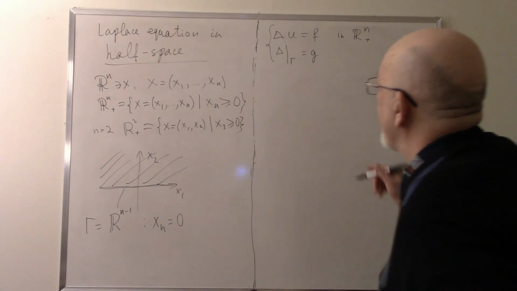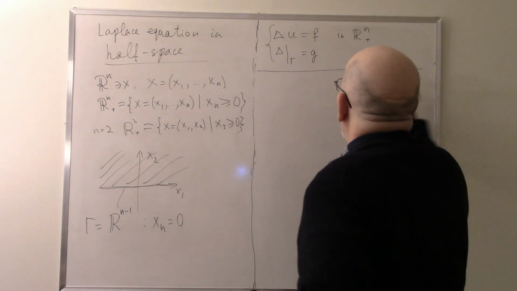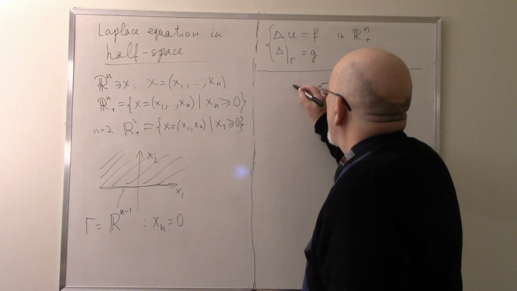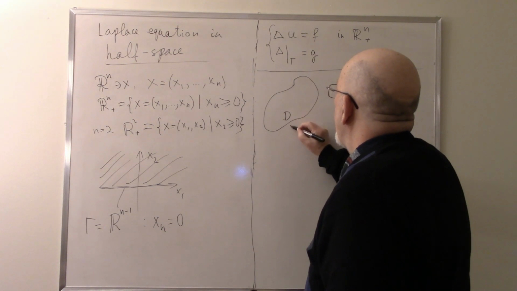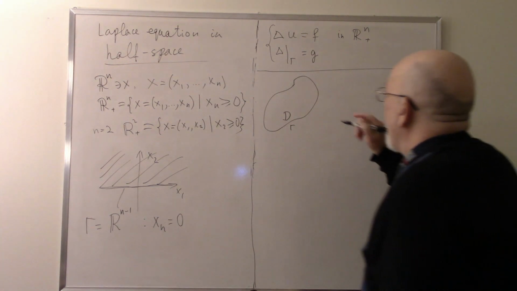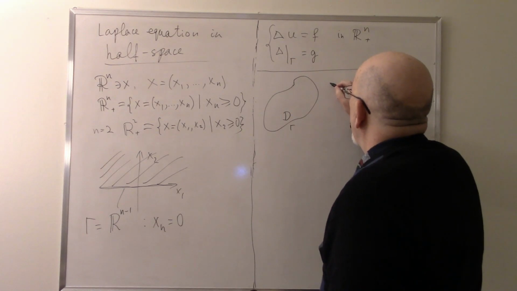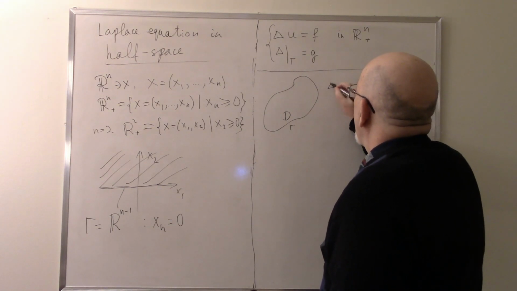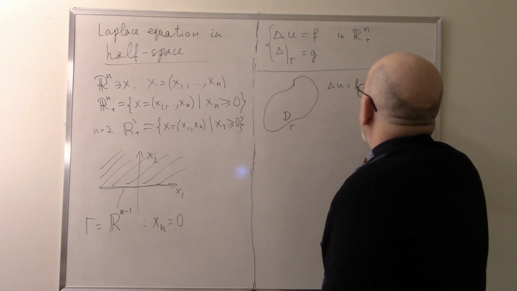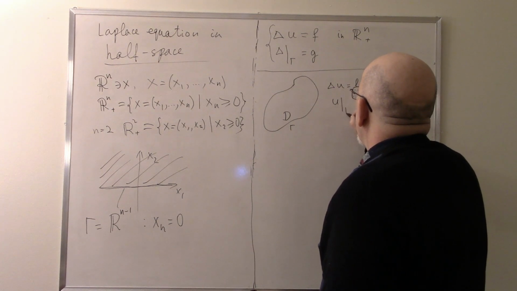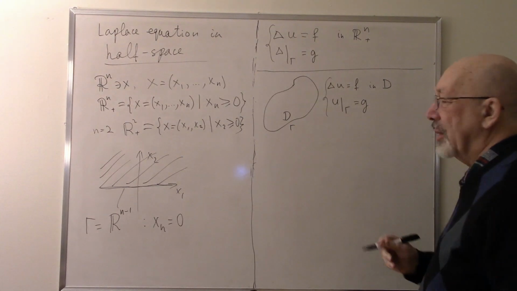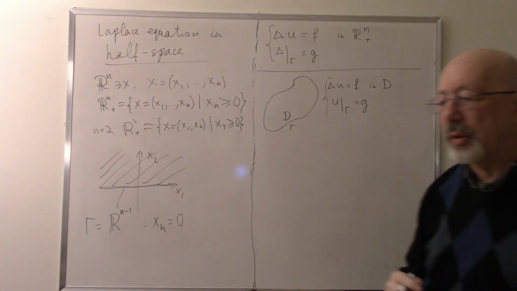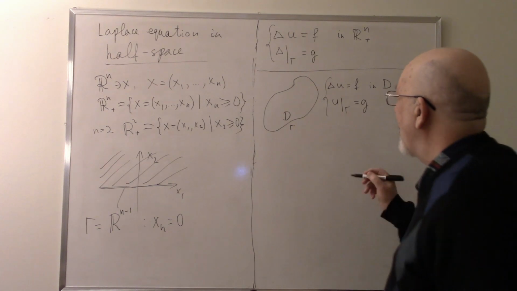How to solve it? So let me remind you that if you have any domain, let us say domain D with boundary gamma, and you have a general problem Laplacian u equals f in D, u on the boundary gamma equals g, given function, then to solve this problem we have to construct the Green's function.